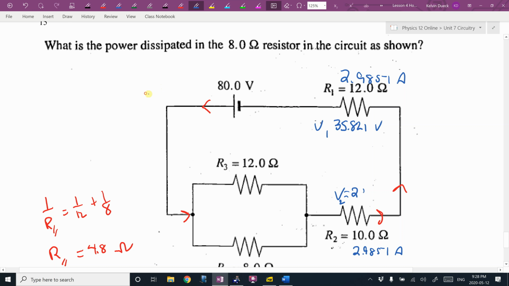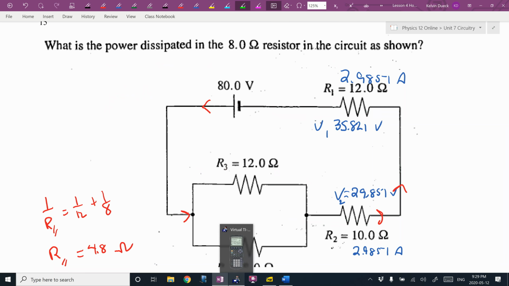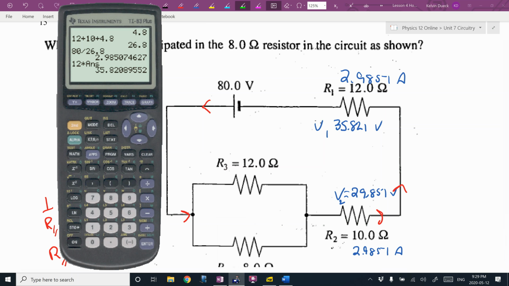That's clever. 29.851 volts. And that means now I can ski. I start with 80 volts. I'll lose the same voltage going through either of those resistors, and then I lose 29.851, and I lose 35.821.